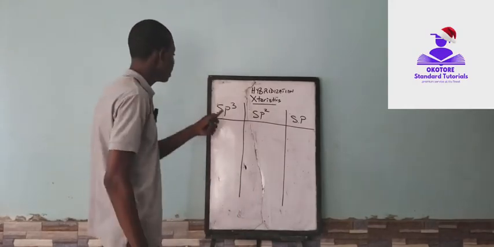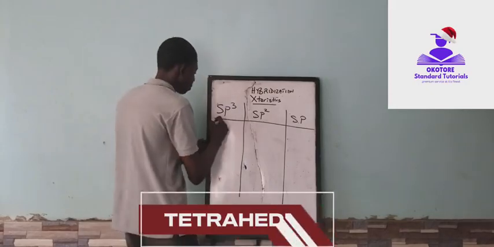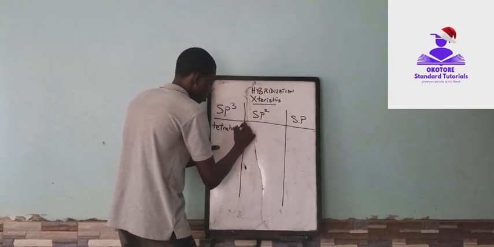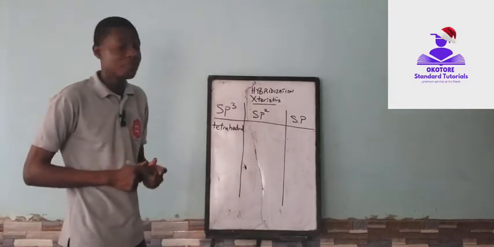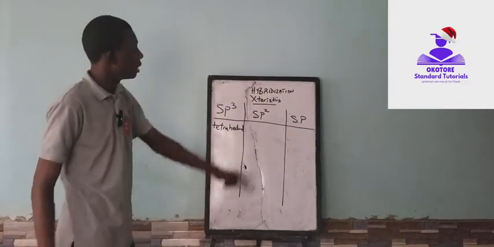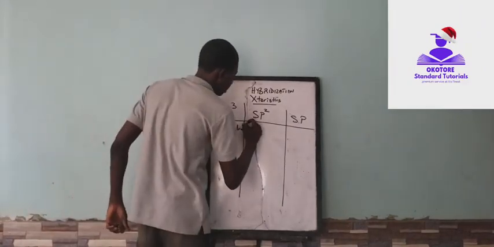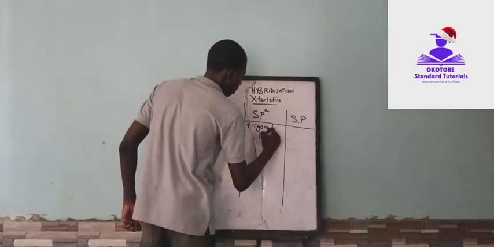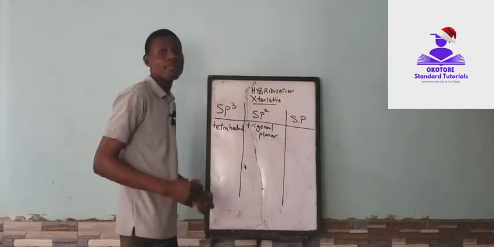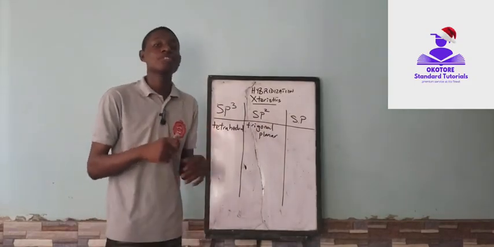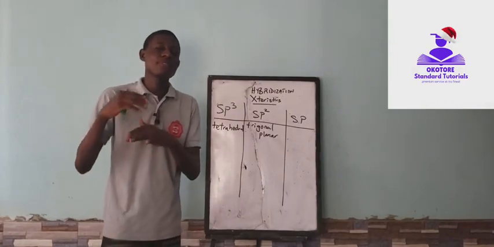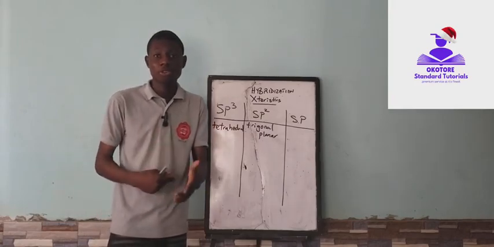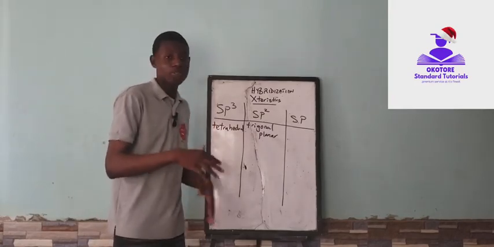Are we clear? The shape for sp3 hybridization is tetrahedral. I hope we are together. The shape for sp3 is what? Tetrahedral. The shape for sp2 is trigonal planar. Actually, we have trigonal planar and trigonal pyramidal, but that is for advanced VSEPR theory, the valence shell electron pair repulsion theory, which is undergraduate stuff, so it's not for JAMB.